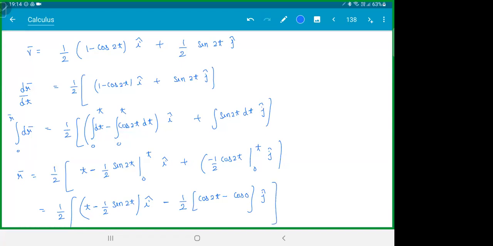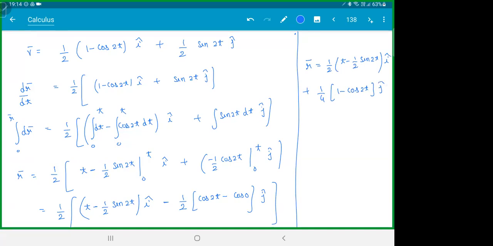So the final answer, r bar will be half t minus half sine 2t I cap plus half into half is 1 by 4, 1 minus cos 2t j cap.